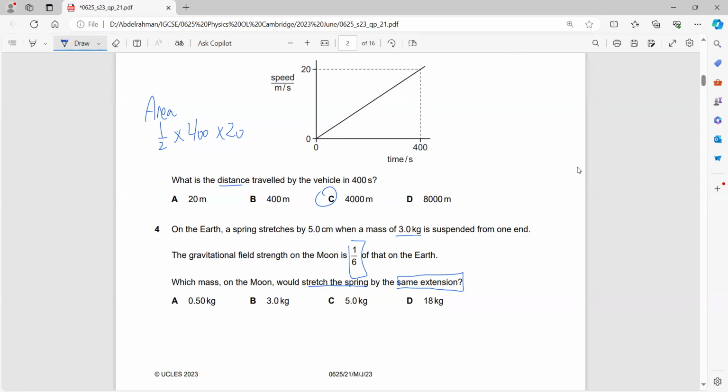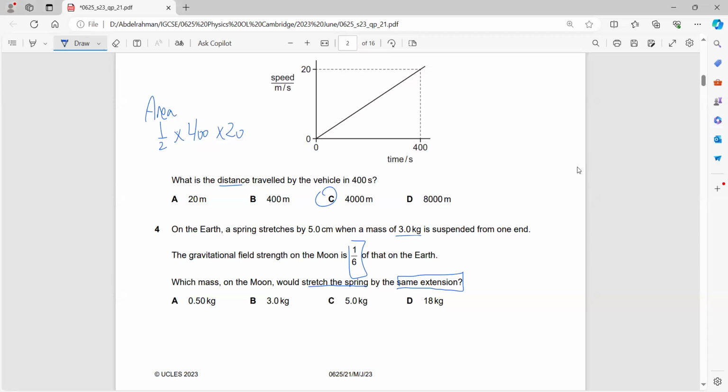That means for the spring to have an extension of 5 centimeters, you need to increase the mass basically by 6 times to have the same weight.